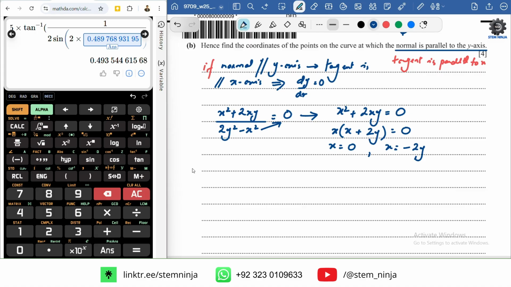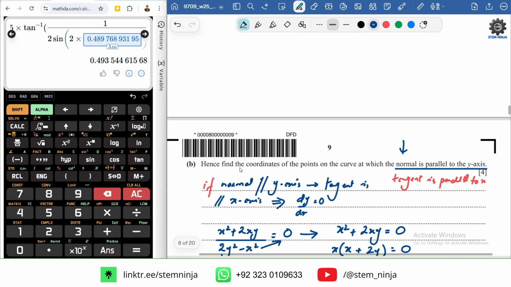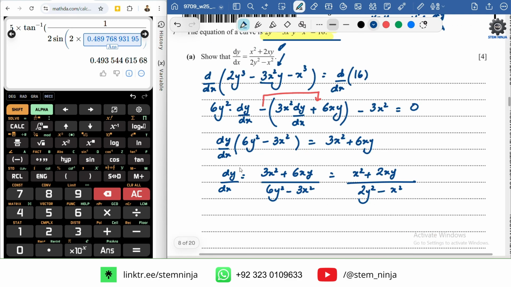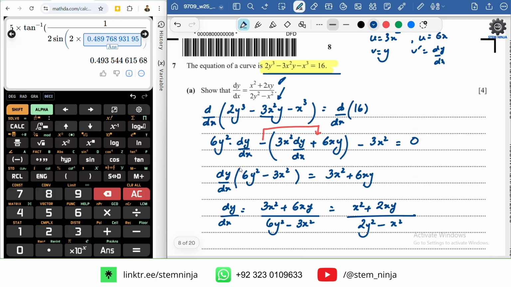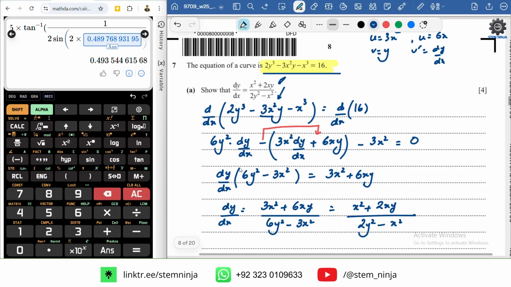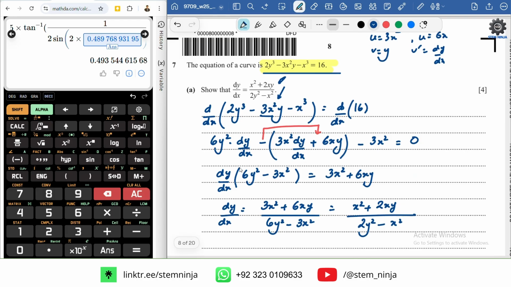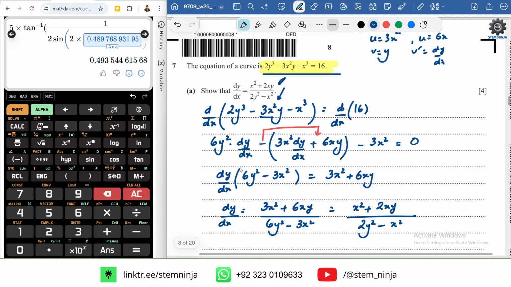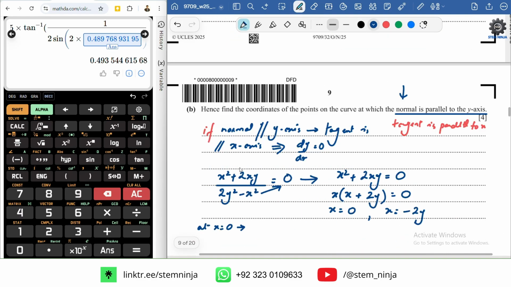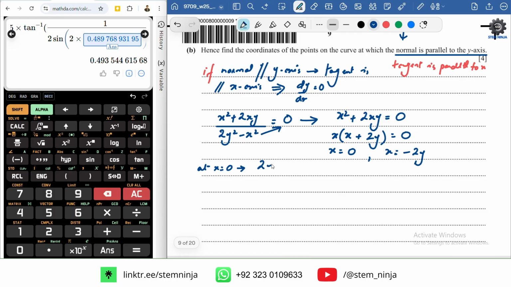So first we plug in x equals 0. You have 2y cubed equals 16. All the x terms will be 0, so 2y cubed equals 16.